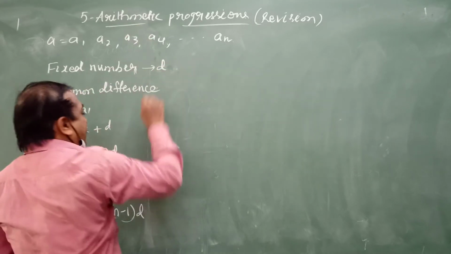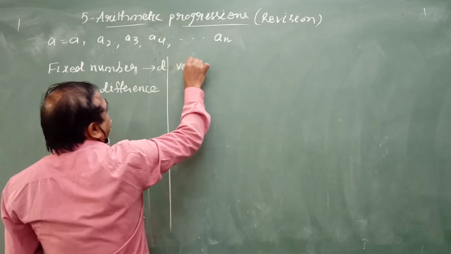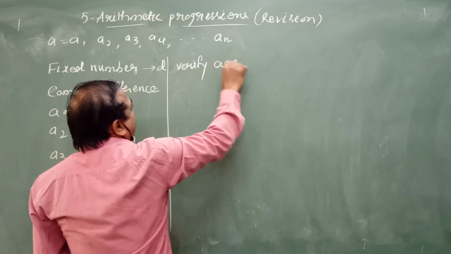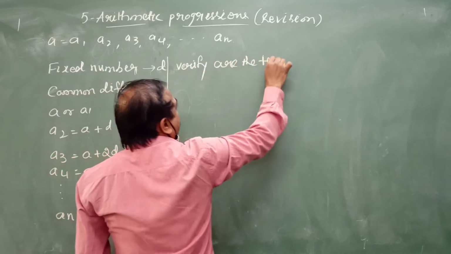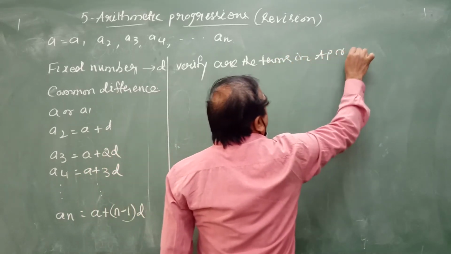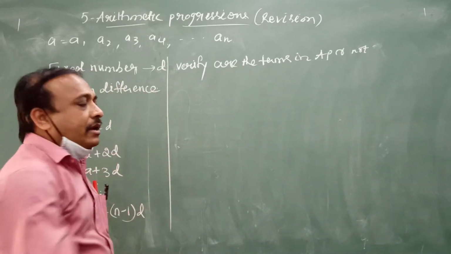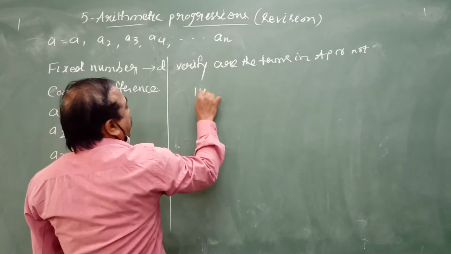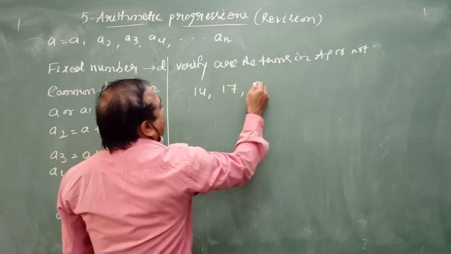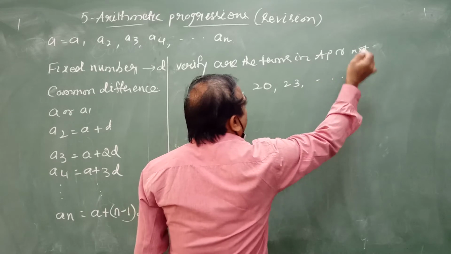Observe it. Let us discuss one example. Verify whether the terms are in AP or not. The terms are 14, 17, 20, 23 and so on.